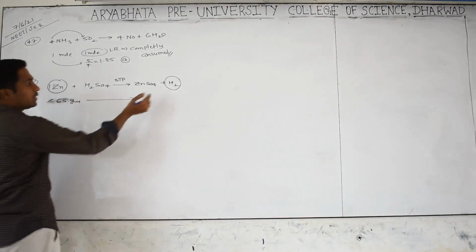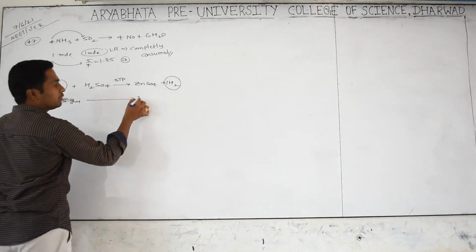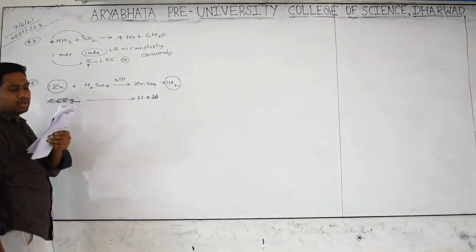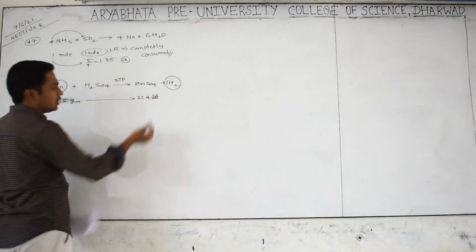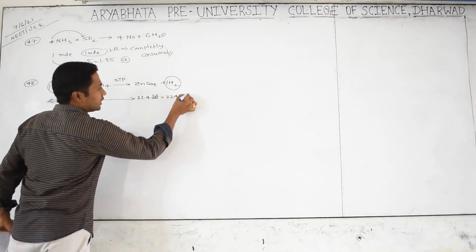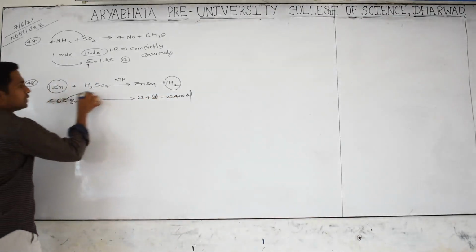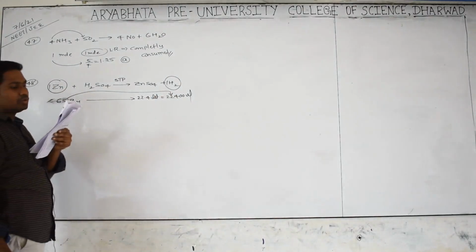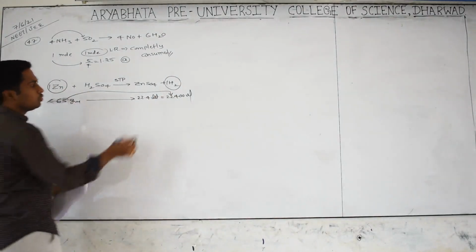65 grams gives 1 mole of hydrogen, which is 22.4 liters. But the given volume is in milliliters, so better to convert it: 22,400 mL. So 65 grams gives this much, but given is 224 mL.